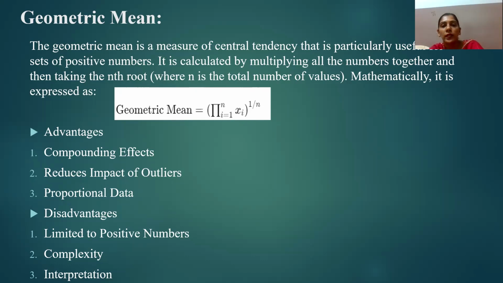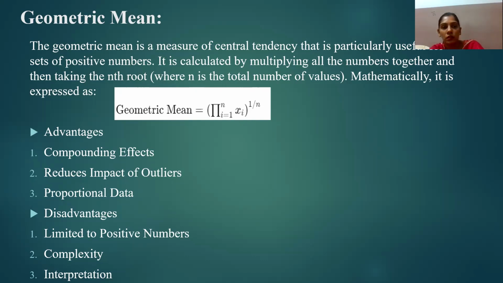Then you have to take the nth root of the product, where n is the number of values.